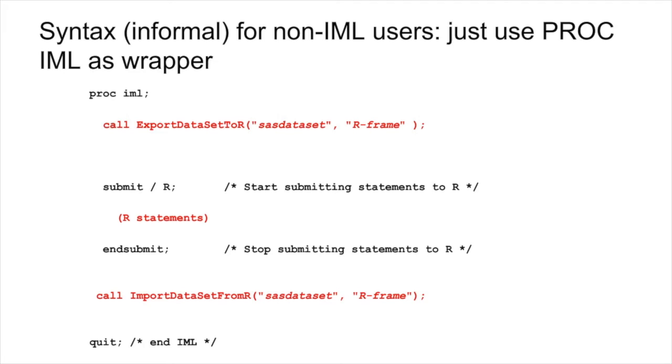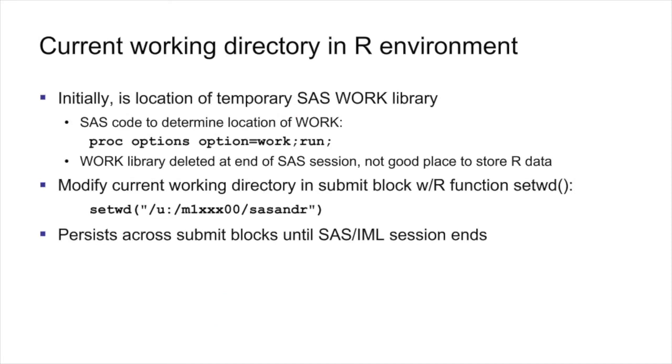We've got, optionally, call export data set to R to copy a SAS data set to an R data frame, or call import data set from R to copy R data frames to a SAS data set, as many of those as we want. And then we have one or more submit blocks. So this is really simple now. And you can see that even though you're not an IML user, if you have IML, you're just using it as a wrapper. Okay. Now a little bit of detail, and then we're going to do some examples.